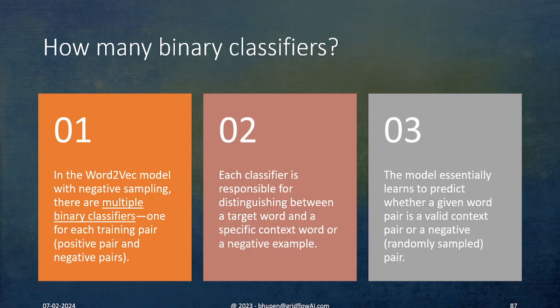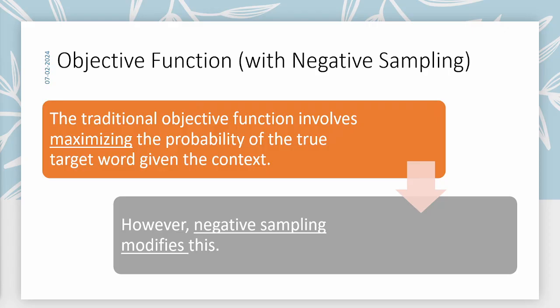So if you have 50,000 subsets, then we are talking about that many binary classifiers. Each classifier is responsible for distinguishing the target word from the positive pair and the target words from the negative pair. Essentially, the model learns to predict the right target word given the context word. This is the underlying principle here.